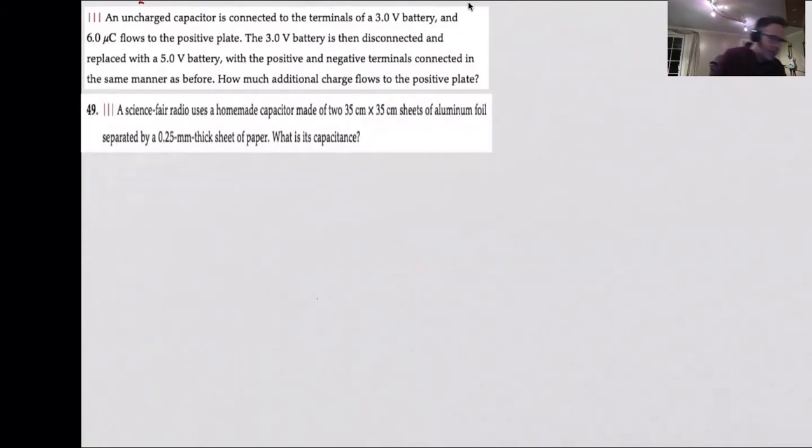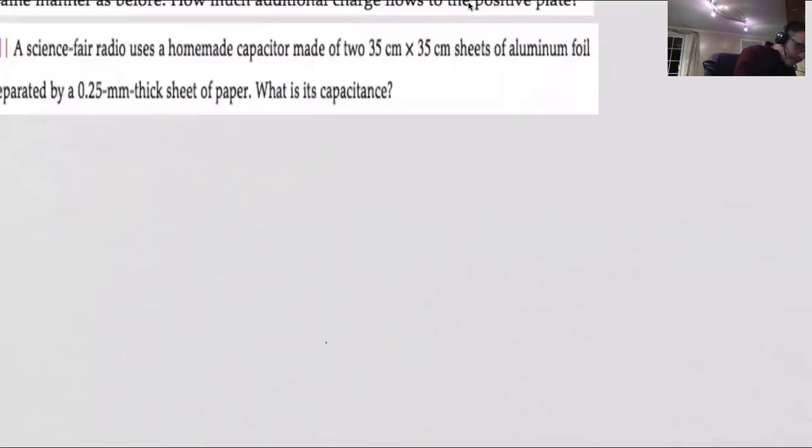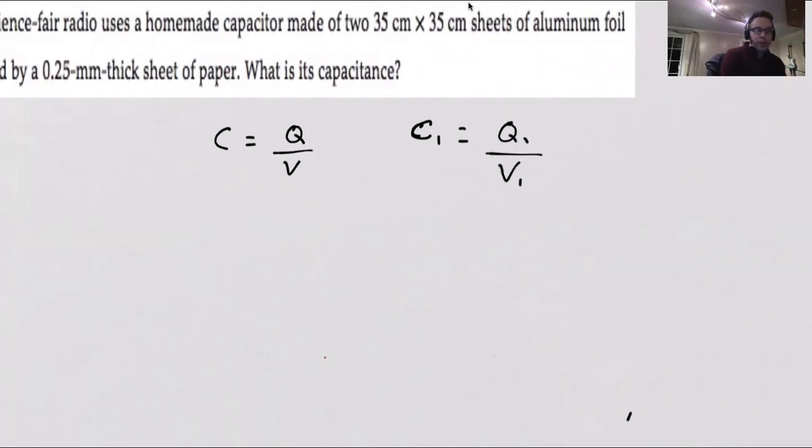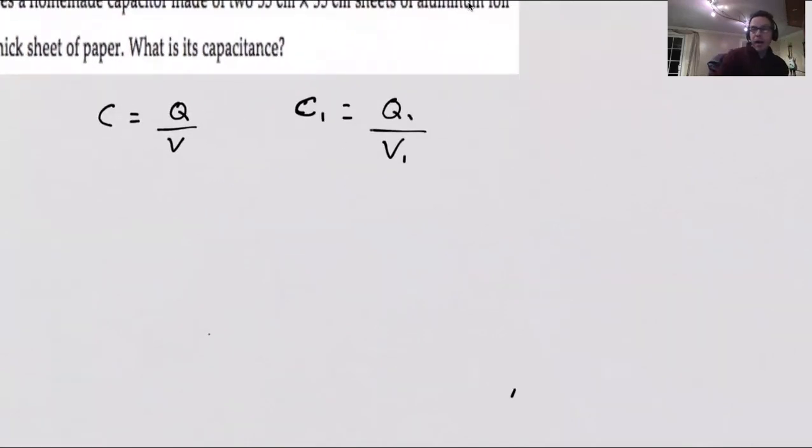Let's do the work to make sure that we get there. So if we do this, we know by definition, the capacitance is charge over potential difference. And so in the first instance, the capacitance C1 is equal to the charge Q1 that you put on it with its respective V1. Then we pop that battery off, and we say, well, now we go to C2, which is Q2 divided by V2, but then we realize that we haven't changed the capacitor.